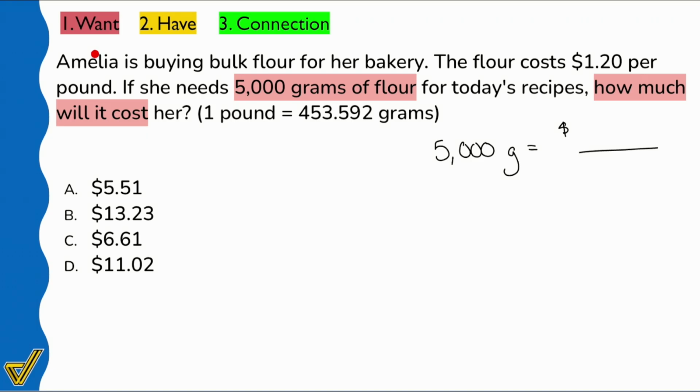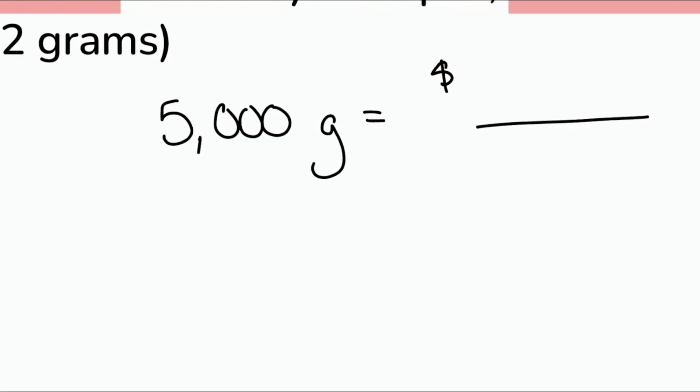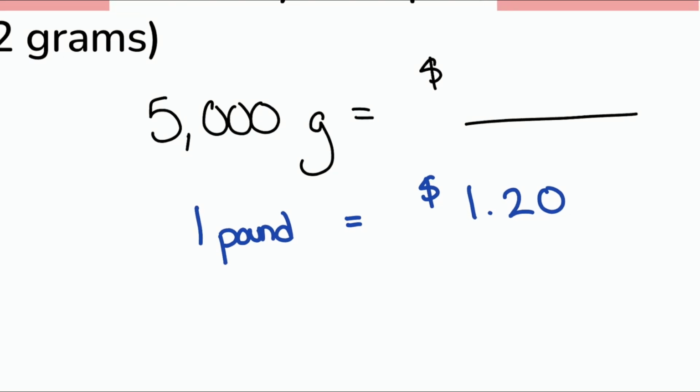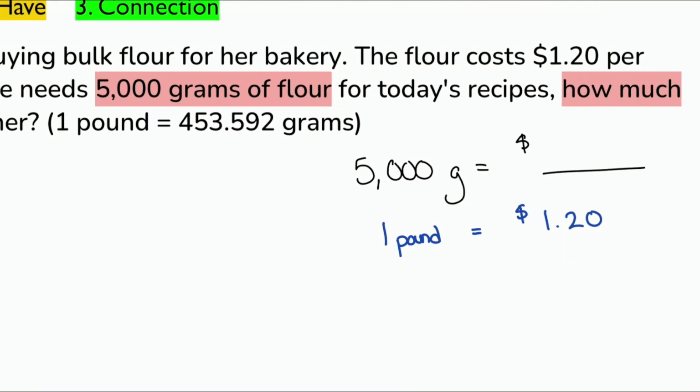So let's read here. Amelia is buying bulk flour for her bakery. The flour costs $1.20 per pound. Okay, let's write that down. I'm going to come right over here, and I'm going to write 1 pound equals $1.20. Okay, cool. So when we look at this, what does this kind of look like? Think about it.